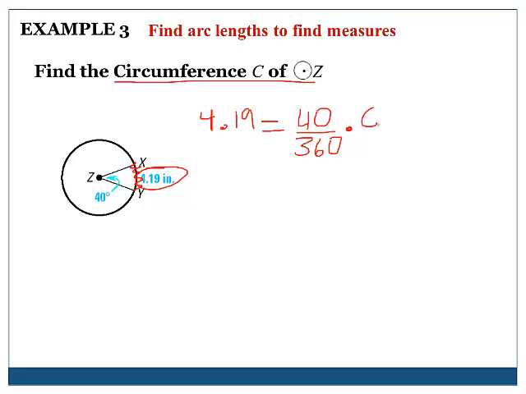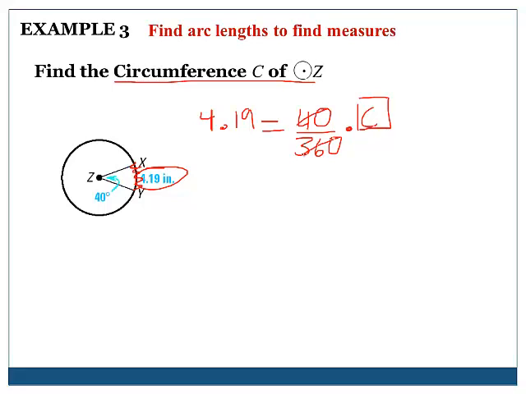Now you could put 2 pi r, and if you did that, you'd be solving for r, and then you'd have to plug it back into your circumference formula to figure out what circumference is. Me, I'm going to simplify it completely and just say C is my unknown length or measurement. So when you cross multiply, you can cross multiply or multiply by the reciprocal.